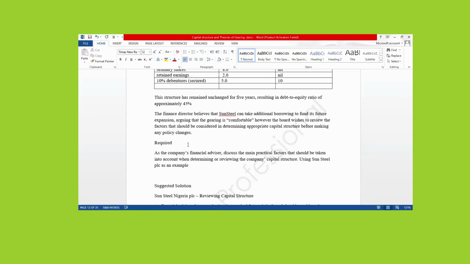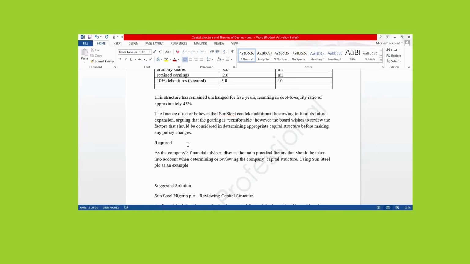Good evening, sir. I love this. Possibility. It's possible. Some of the factors that determine a company's capital structure include, one, earnings stability.